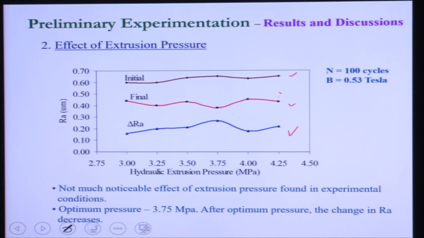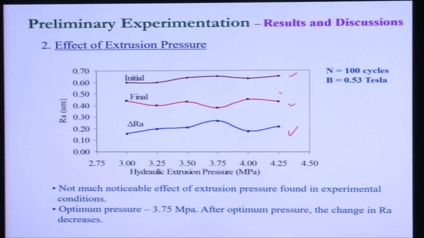But you can see here at 37.5 bar pressure, the surface finish actually improves, and when it goes to 40 bar pressure, the surface roughness increases again. So, with the increase in pressure, there is no significant change in surface roughness found from the experiments. All the experiments are carried out at 100 finishing cycles at 0.53 Tesla magnetic field.